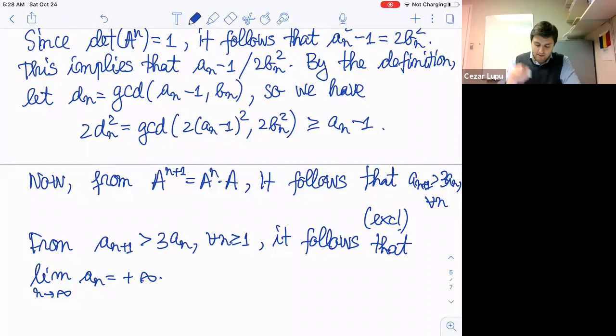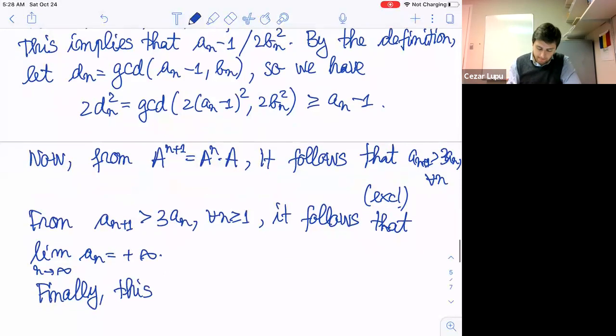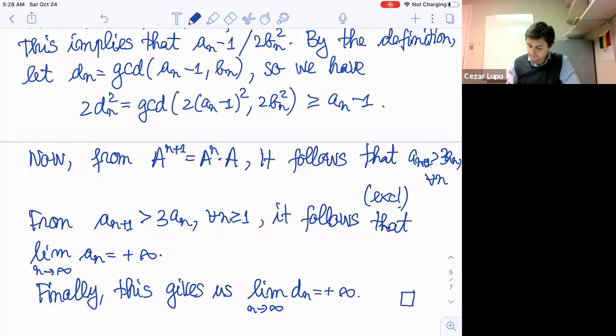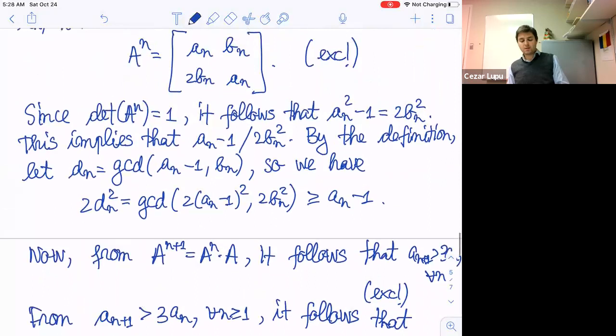Anyway, so finally, this gives us that the limit as n approaches infinity of d_n is positive infinity. And we're done. But again, this was a very easy problem.